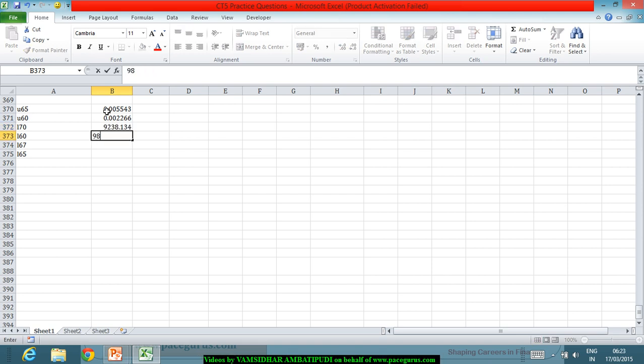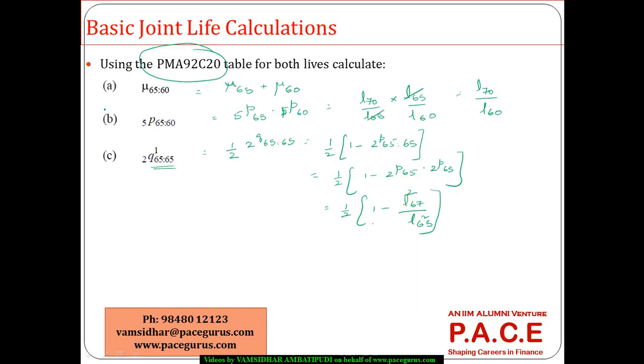L60 is 9826.131. Then we have L67, which is 9521.065, and L65 is 9647.797. So all these are helping me out to solve my numerical, right?